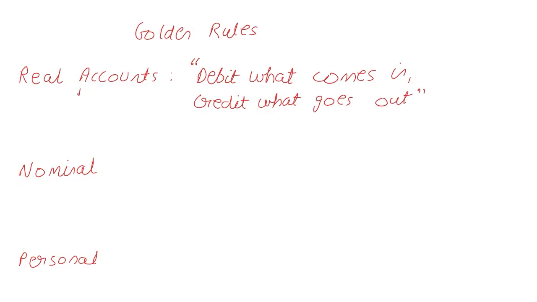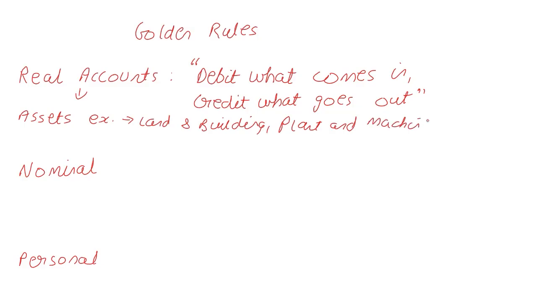Okay, so when we talk about assets, examples can include land and building, plant and machinery. You can think of your cash, cash bank balance.